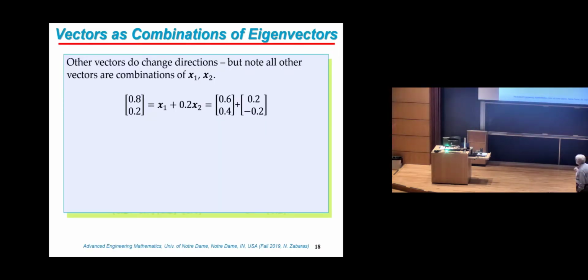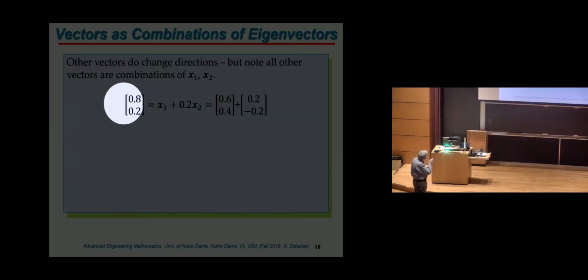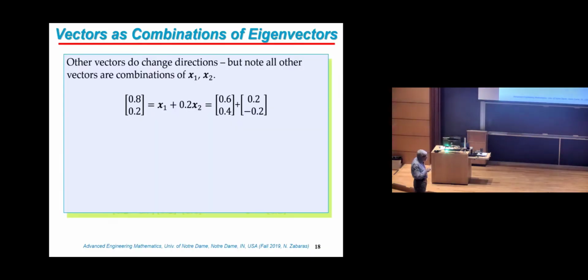This is a vector 0.8 and 0.2. It's not an eigenvector. So I'm going to show you a little trick that we will need to use all the time from now on: how to operate on this vector simply by knowing how to operate on eigenvectors, because eigenvectors maintain their orientation.